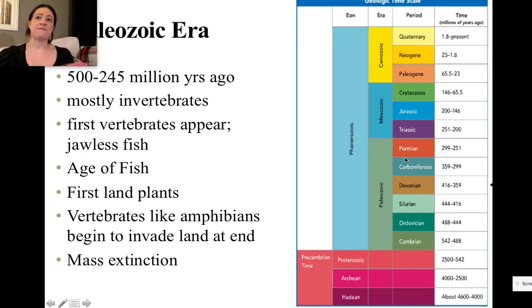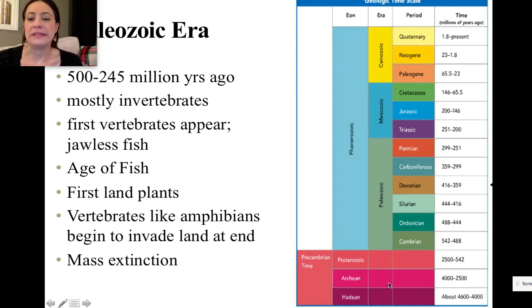So we would have photosynthetic organisms in the oceans, but then we would have land plants evolve. That would open up a bunch of niches on land that other life forms could then occupy, like amphibians. So vertebrates like amphibians would begin to invade land. At the end, now you see mass extinction.